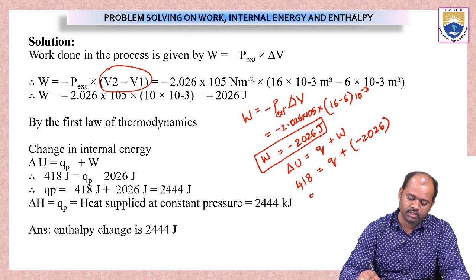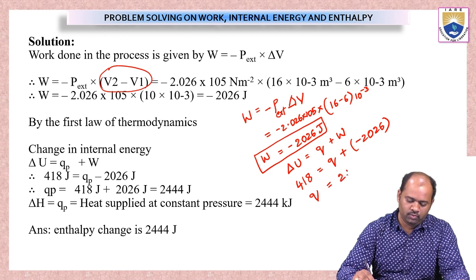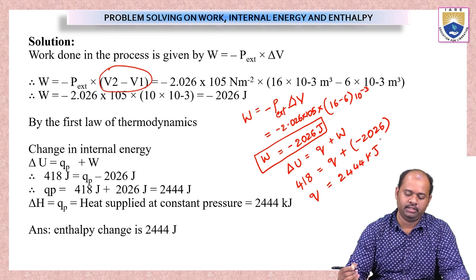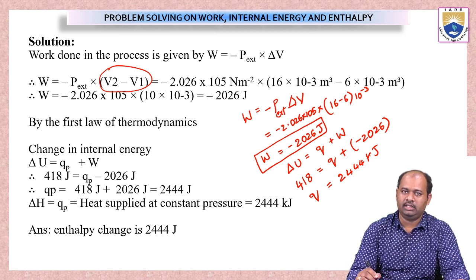From this equation we can simply calculate the Q value, which comes to be 2444 joules of heat.